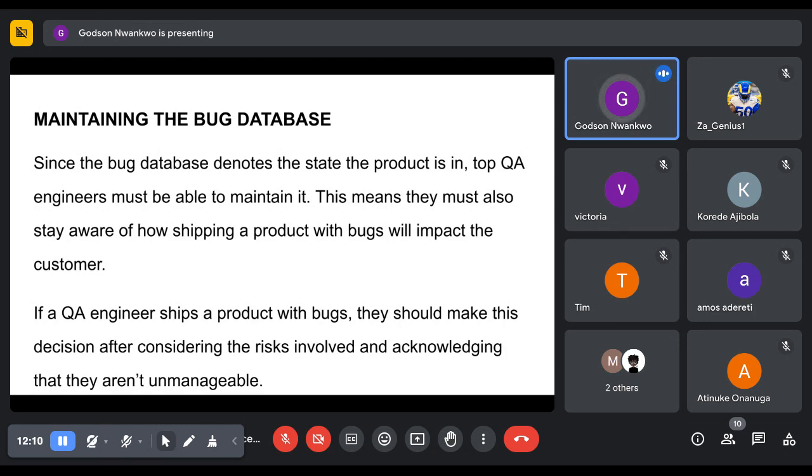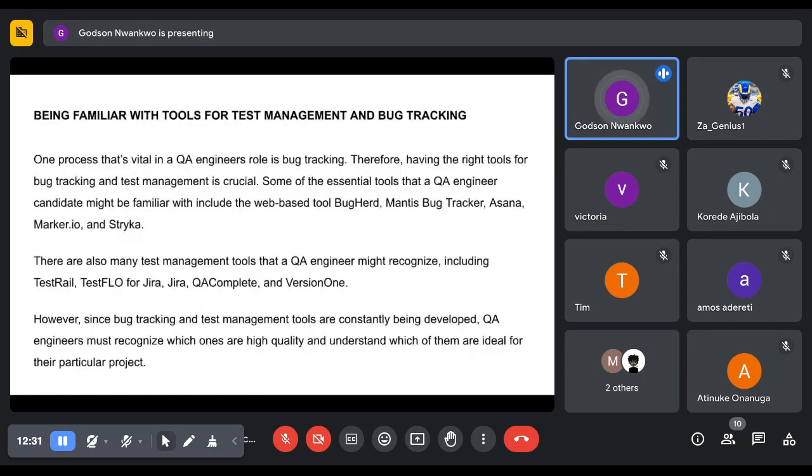Okay, I will start with bug tracking. There are a few tools that can be used for your bug tracking. We have Trello, we have ClickUp, we have Jira, we have Hacker.io.